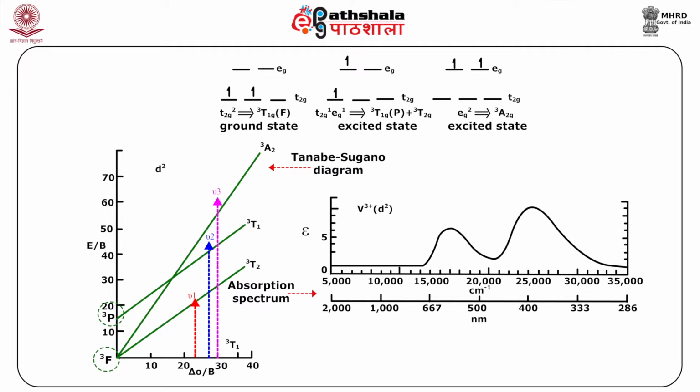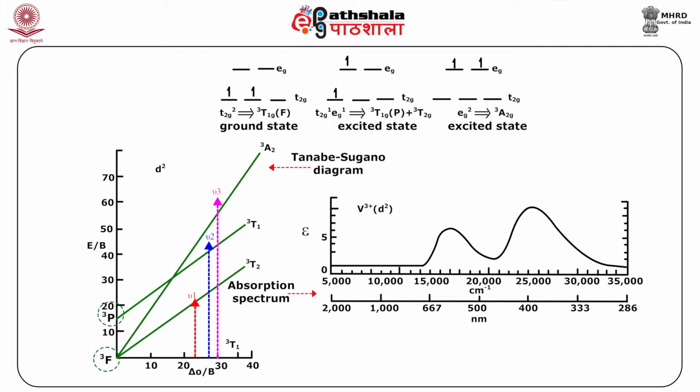The next higher term of the same spin multiplicity is triplet P, which transforms as triplet T1g in the presence of the ligand field. Since the configuration in the weak as well as strong field is the same, the diagram is only in terms of ligand field irrespective of the applied field, weak or strong.